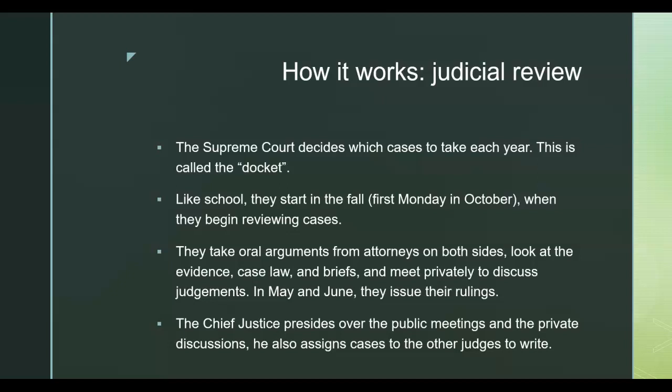They turn down something like 9 out of every 10 cases that are requested to be appealed. In almost all instances, you have to go through the appeals process, but in occasional instances, like conflicts between government and stuff like that, the Supreme Court can jump in a little bit quicker.